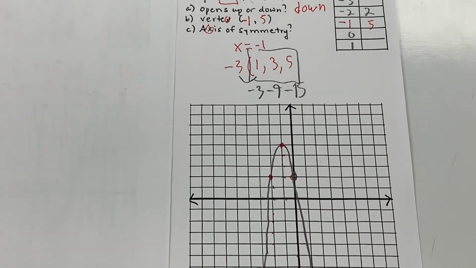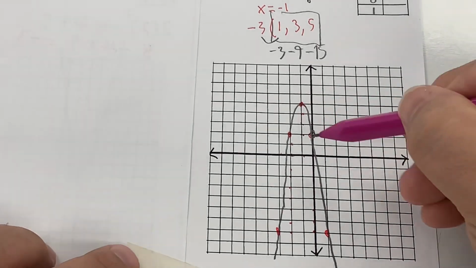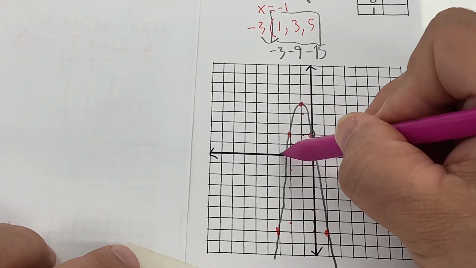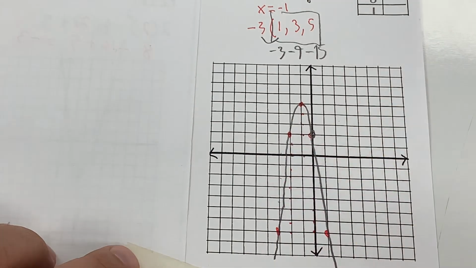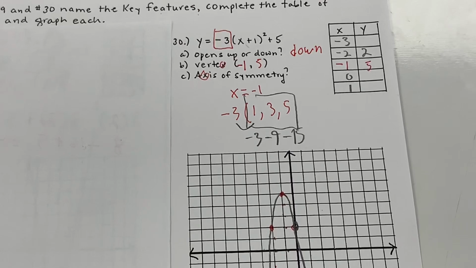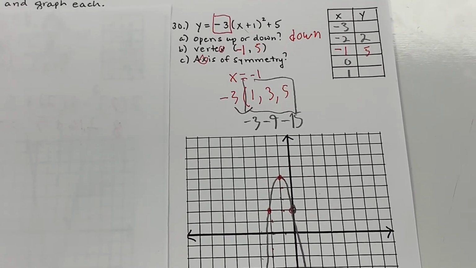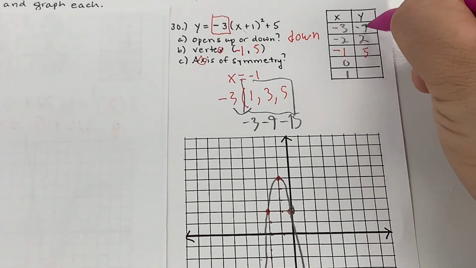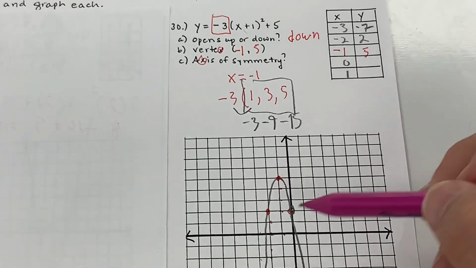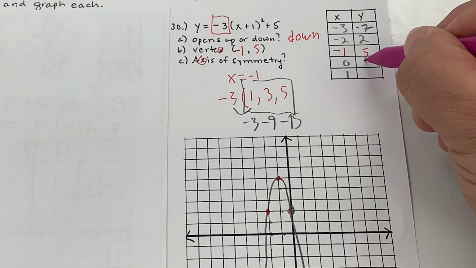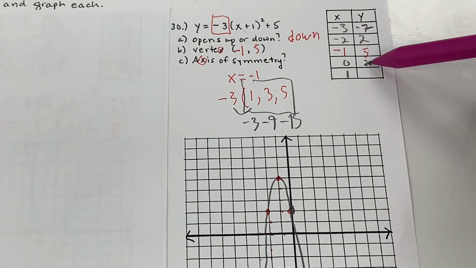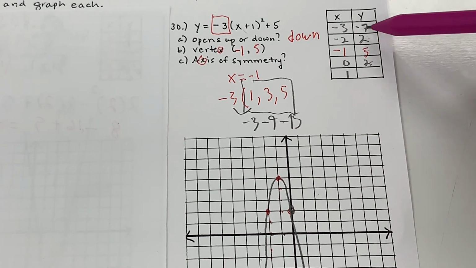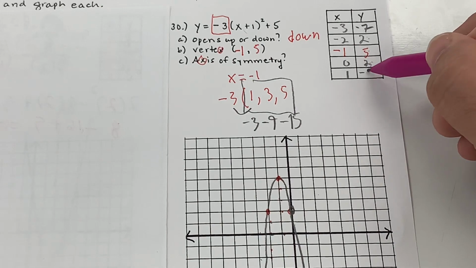So I'm going to find out what that coordinate is to write it in. At negative 3, I go down 1, 2, 3, 4, 5, 6, 7. So it's going to be negative 3, negative 7. At 0, my value is 2. And then I don't even have to look at the graph. See how 5 is in the middle? 2 is above and below. That means negative 7 is going to be above and below. Negative 7.